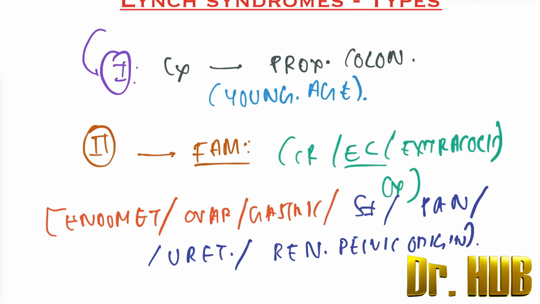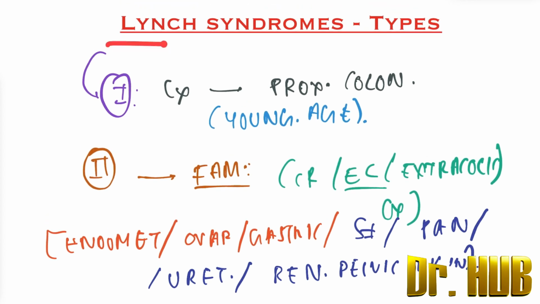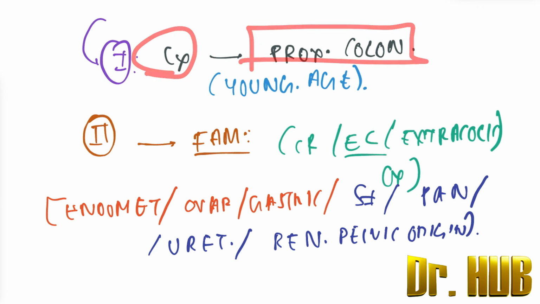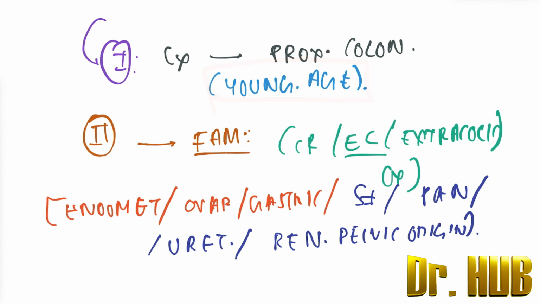Now let's recap. So we saw the Lynch syndromes. Under the Lynch syndrome, type 1 included cancer of the proximal colon, and this is present at a very young age. The second one is Lynch syndrome type 2.